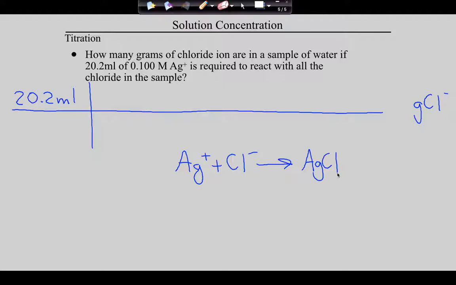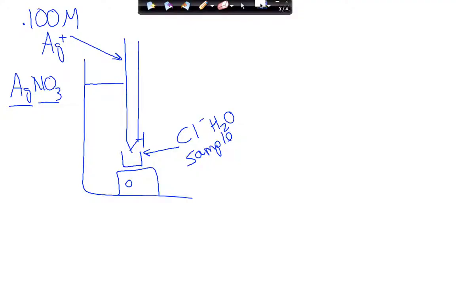Okay, so now how can we get from milliliters of silver solution to grams of chloride ion? We need moles, but to get to moles, what's our bridge into moles? Not the formula mass, the molarity.